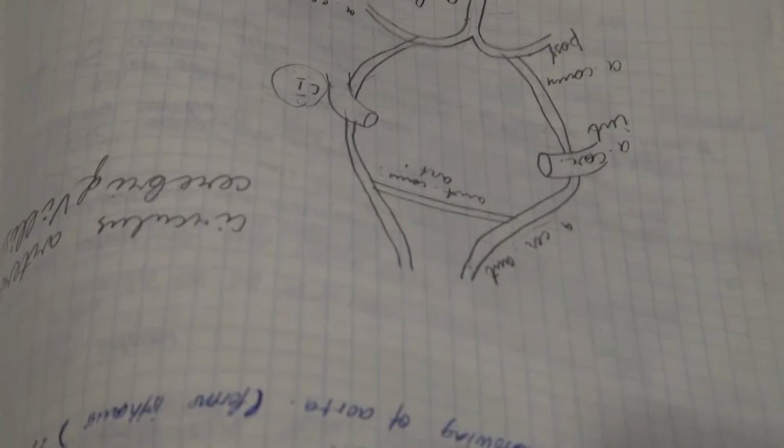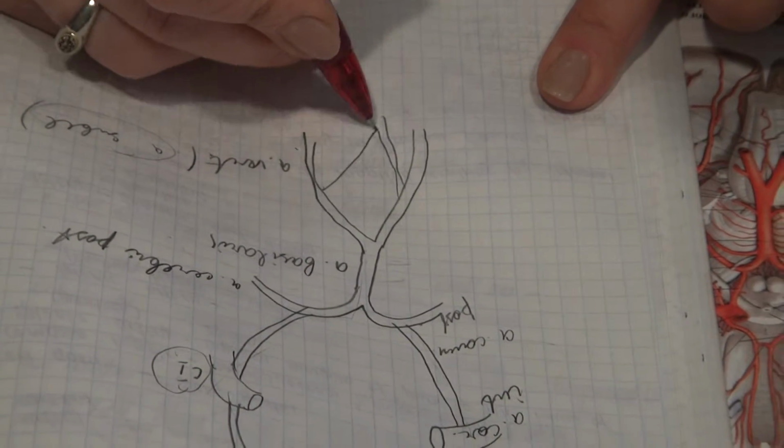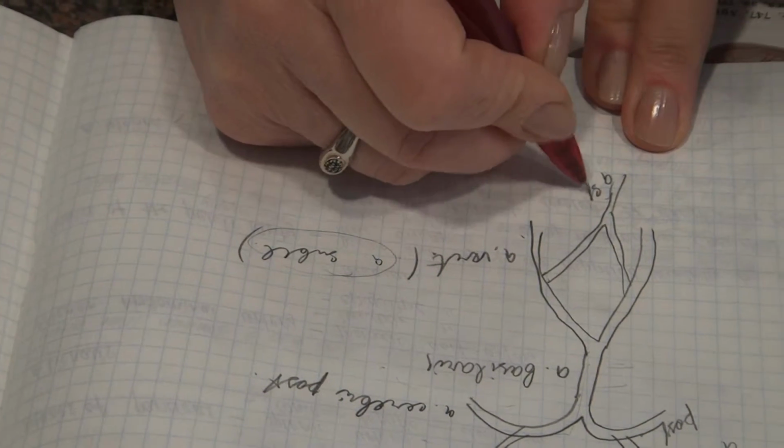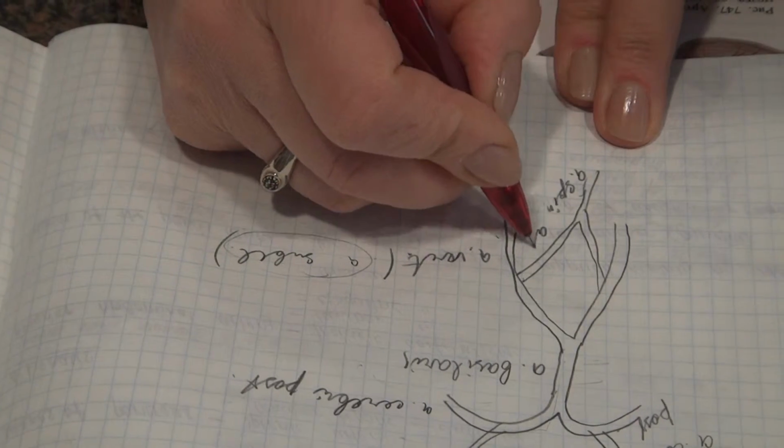And here we also have vertebralis giving two arteria spinalis anterior.